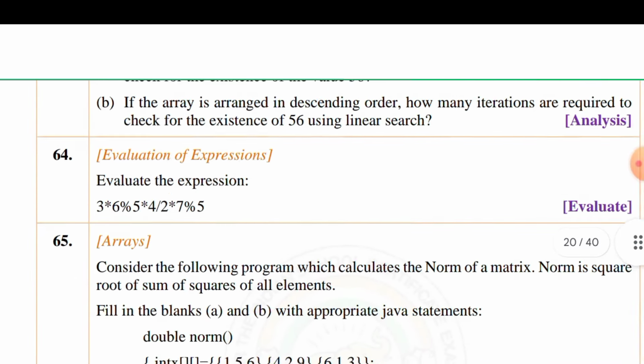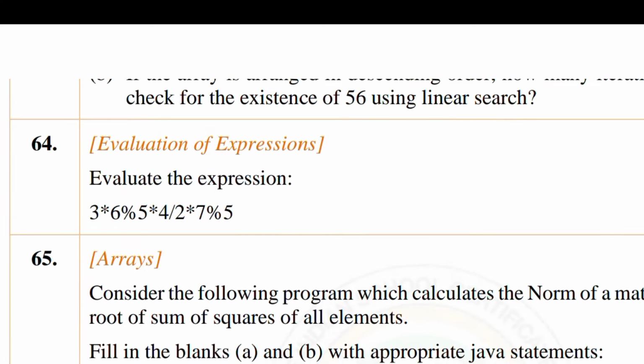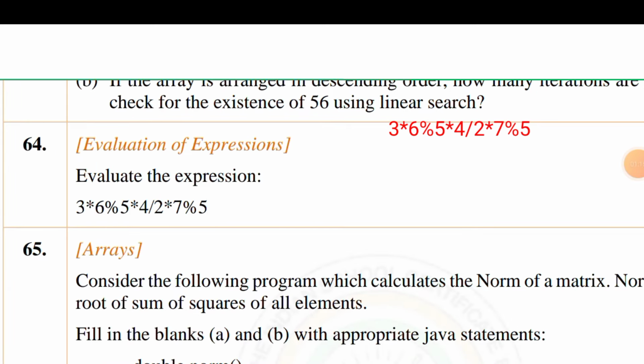Let's go to question number 64. We have to evaluate the given expression: 3 * 6 % 5 * 4 / 2 * 7 % 5. First we write whatever is given.